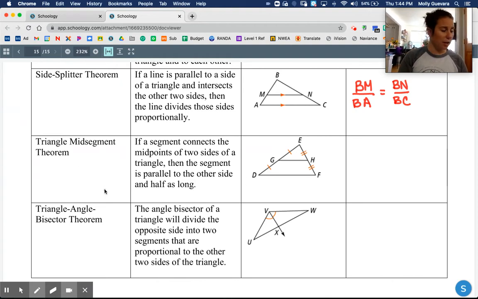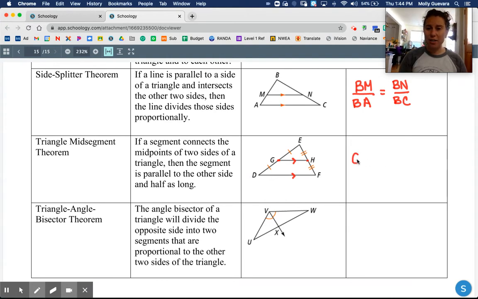The next one is the triangle midsegment theorem. So remember that a midsegment means that you cut the side of a triangle in half on one side and then the side of a triangle in half on the other side, and you connect it, okay? And what happens is that side ends up being parallel to the base, and it ends up being half the length.